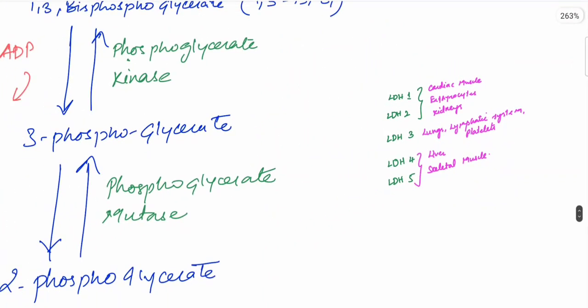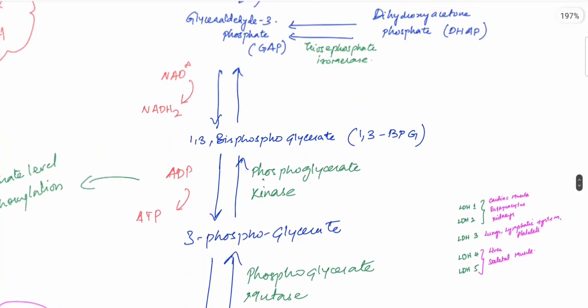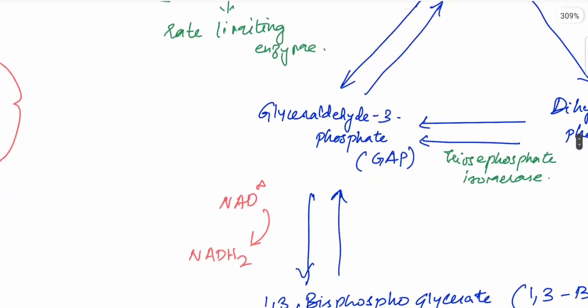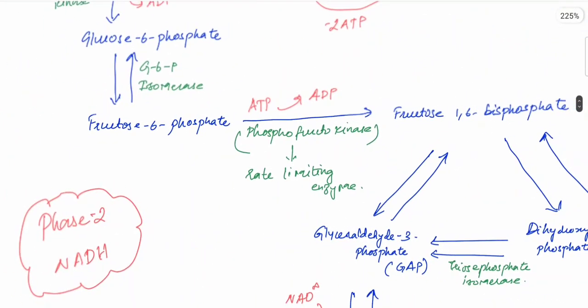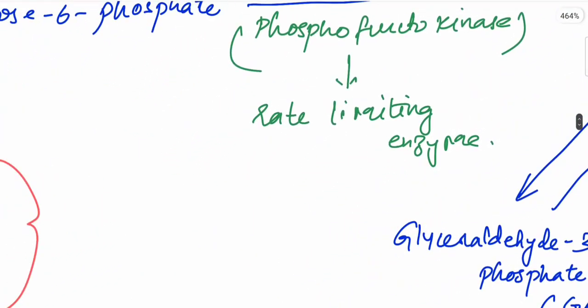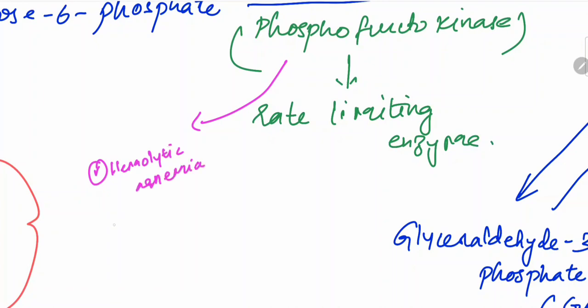So coming to the clinical significance, we studied a rate limiting enzyme called phosphofructokinase. The deficiency of phosphofructokinase causes hemolytic anemia due to impaired glycolysis.